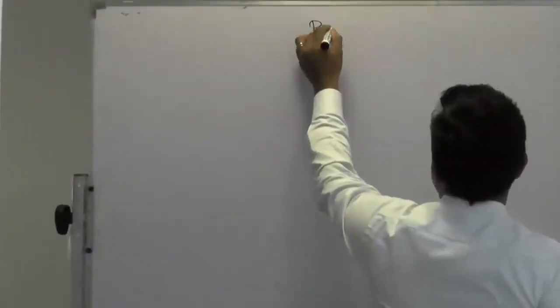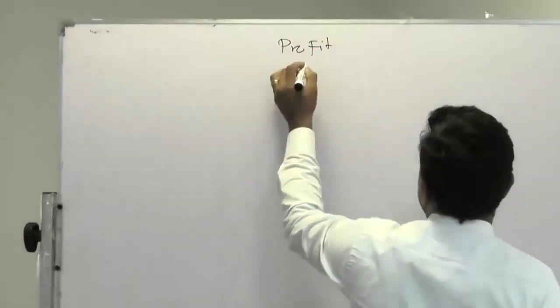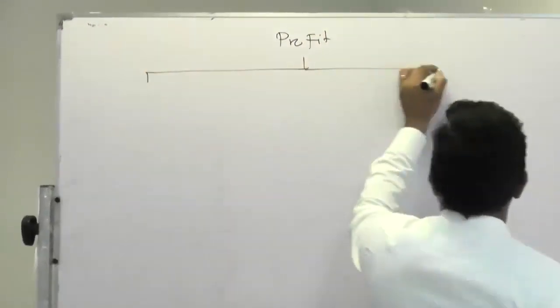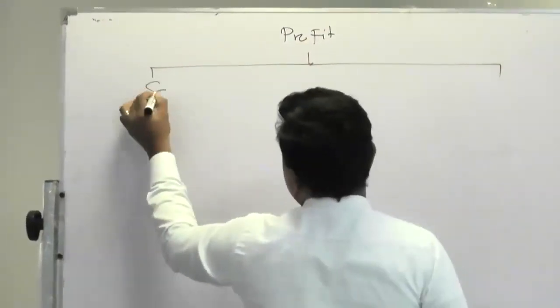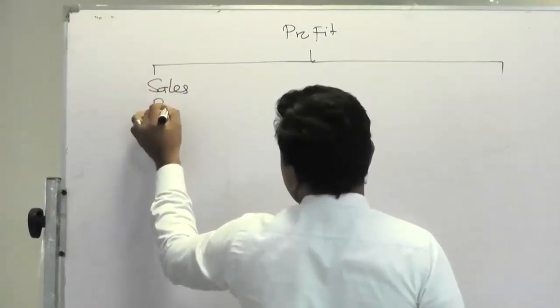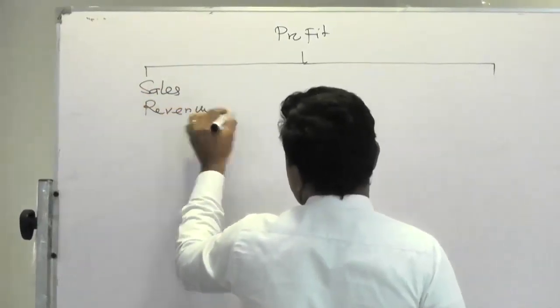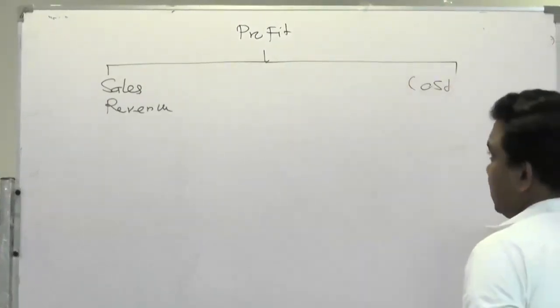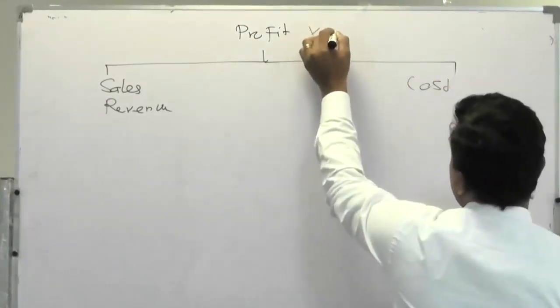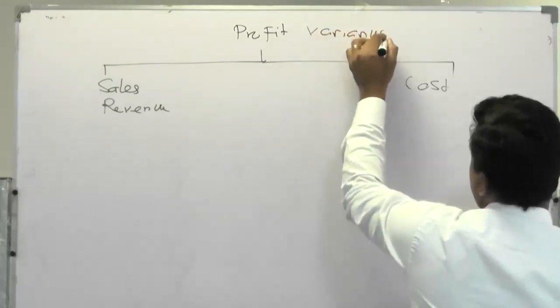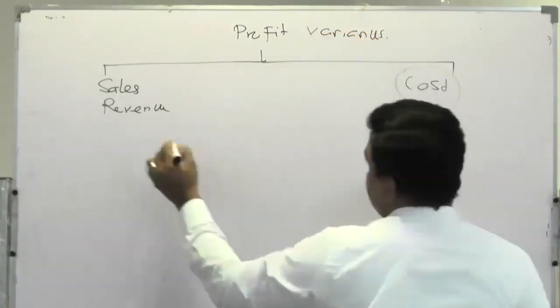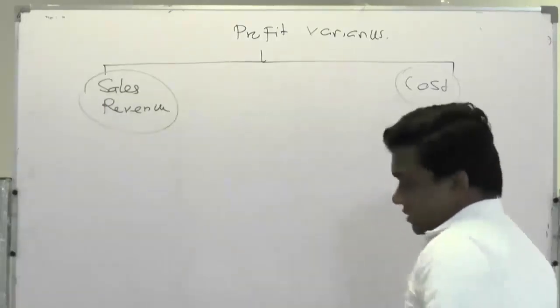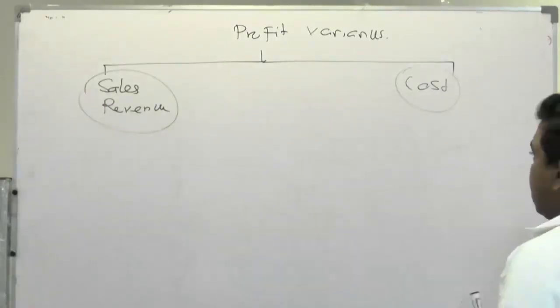Right, as I told you, profit variance arises due to the variances on sales revenue and cost variances. Profit variance arises due to cost variances and sales revenue variances, right?